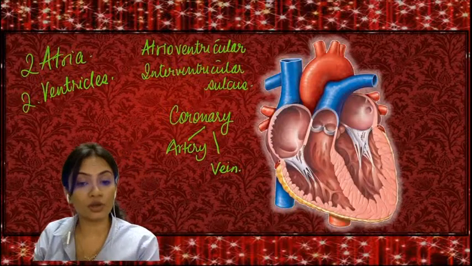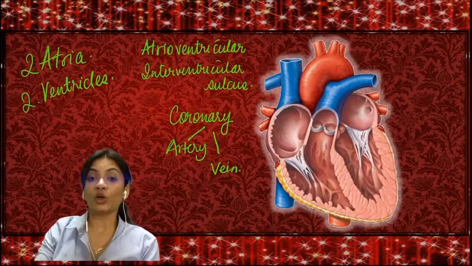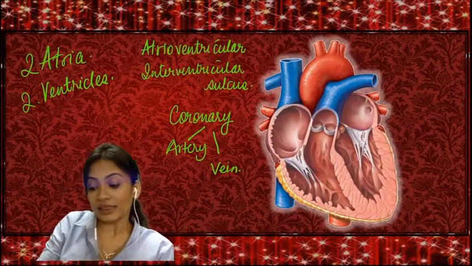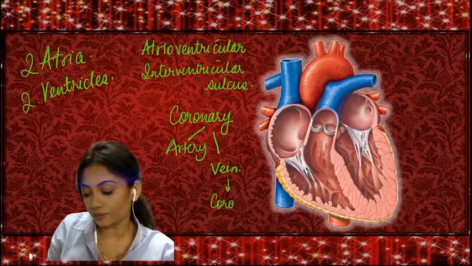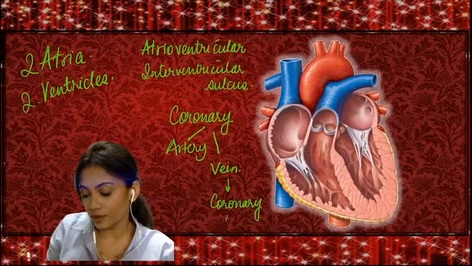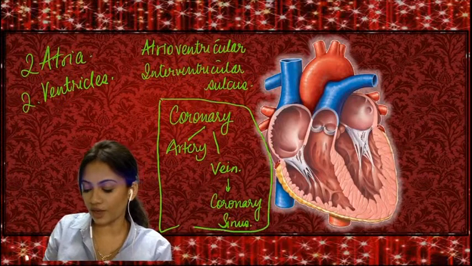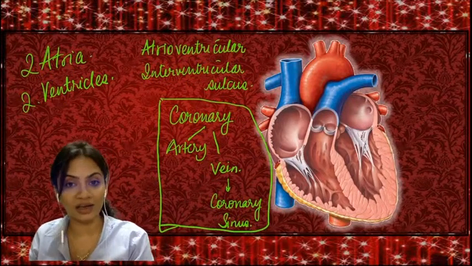Do you remember coronary veins? They joined together, and what did they form? They formed a structure which we called the coronary sinus. So basically these coronary arteries and coronary veins are nothing but the blood supply to the heart itself.